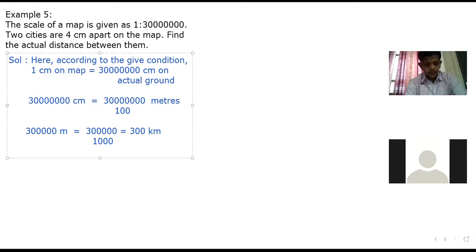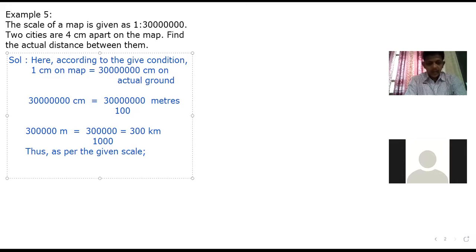Thus, as per the given scale, 1 centimeter on map is equal to 300 kilometers on ground. Yes or no? Now did you understand? Yes, sir.